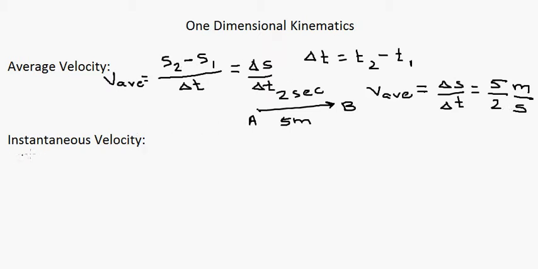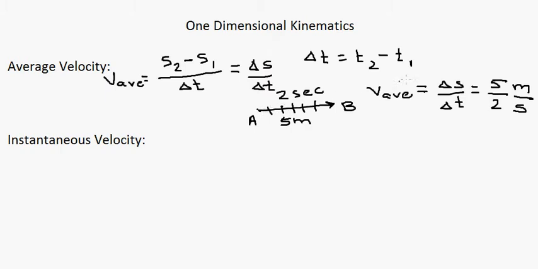Okay, now what is instantaneous? When I calculated average, I was only concerned with my final position and initial position and my overall journey, alright? But if I break this journey into small parts, by knowing the average velocity, I won't be sure about the velocities at each point, because my velocity may not be constant over this journey.